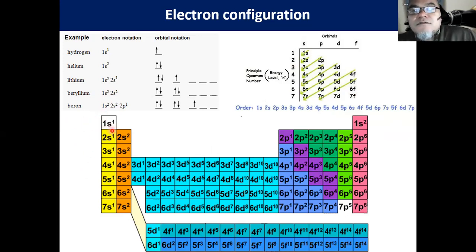So the first row will have one electron in the 1s. The second row will have one electron in the 2s, in the second shell. Third row, one electron in the 3s subshell, etc. So this is hydrogen, 1s1.